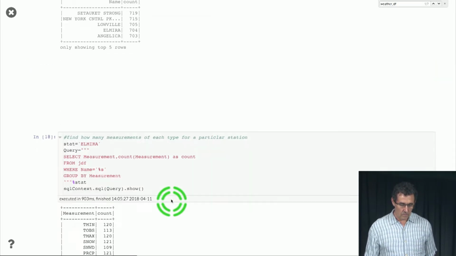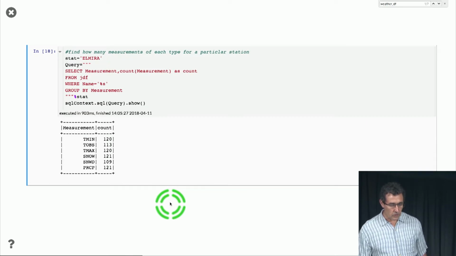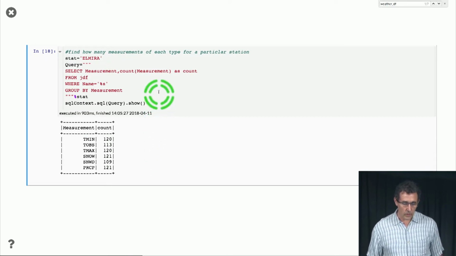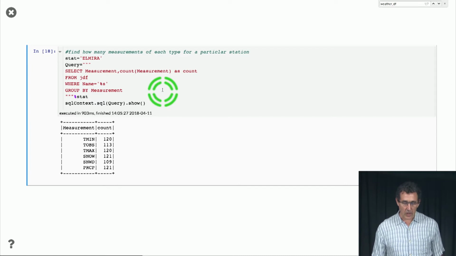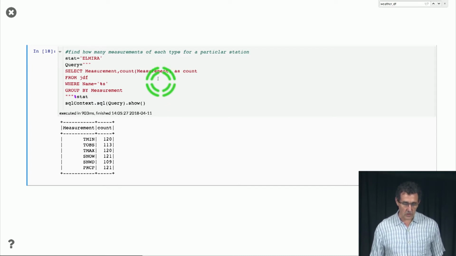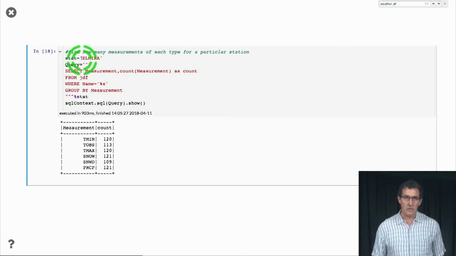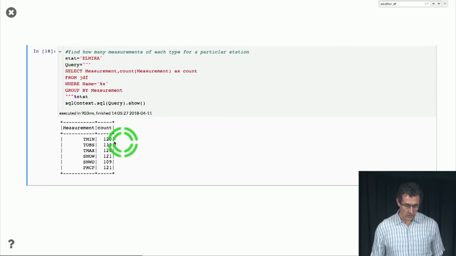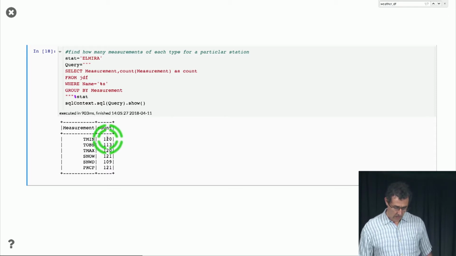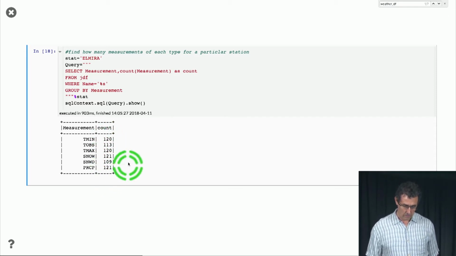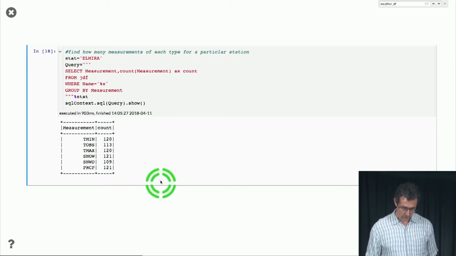Okay. So to look a little bit further, using this query, we can find how many measurements of each type there are for a particular station. So we choose here a station called Elmira, which is one of the stations that has a lot of measurements. And we see that for the 6 measurements, we have about 100 years each. Okay, so we have 100 years of measurements for each one of them.